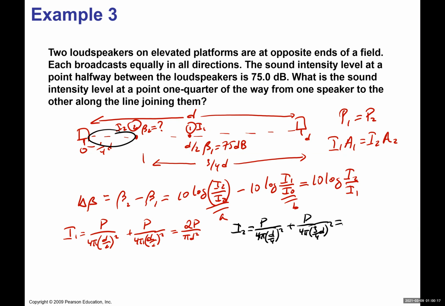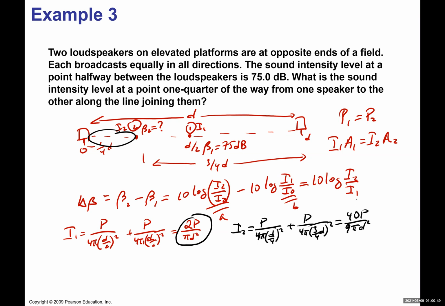Combining those two together and rearranging, we should get 40P over 9 pi D squared. From here, I can see that my I1 was 2 times power over pi D squared.